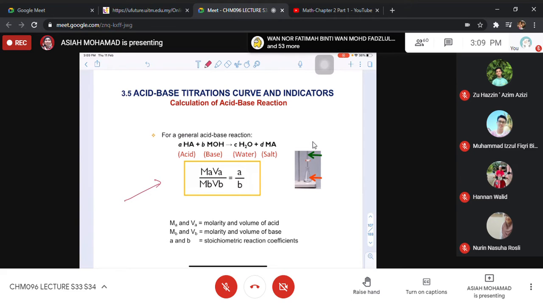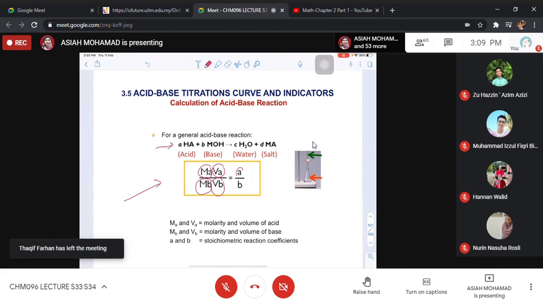For any general acid-base reaction, MA is the molarity of acid, VA is the volume of acid, MB is the molarity of base, VB is the volume of base, and small letter a and small letter b represent the stoichiometric coefficients for acid and base.